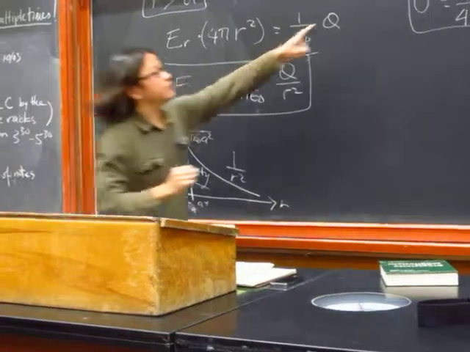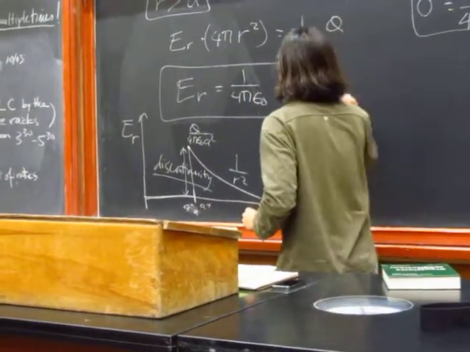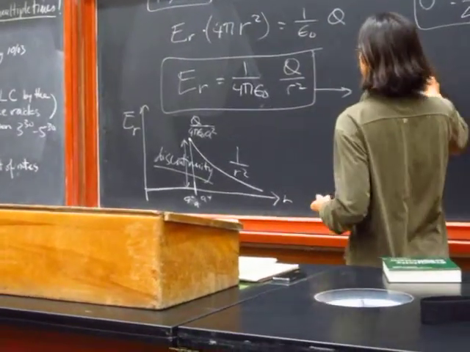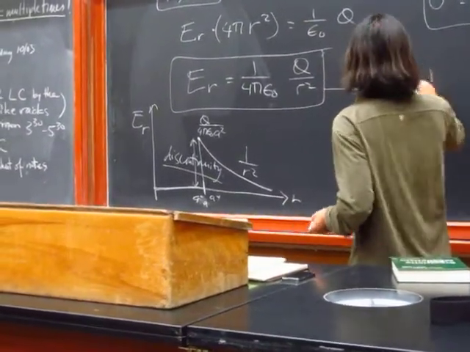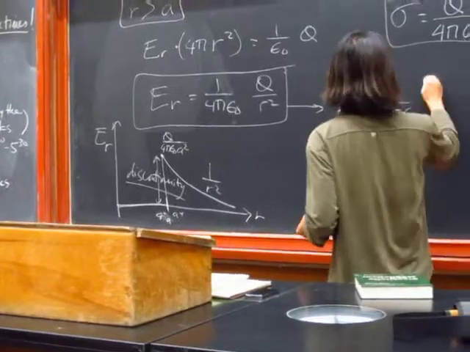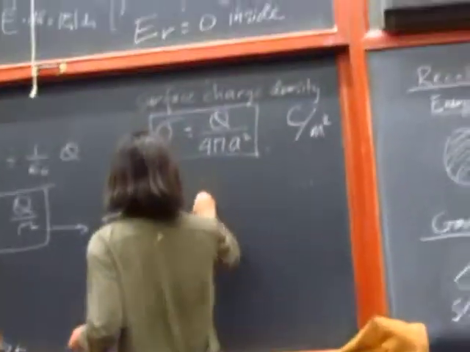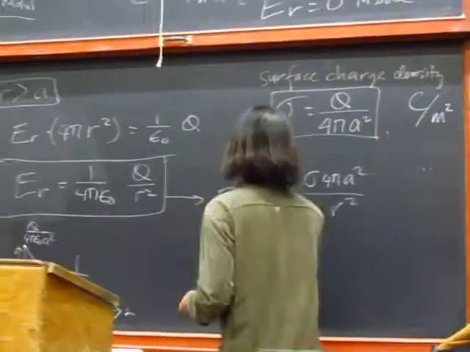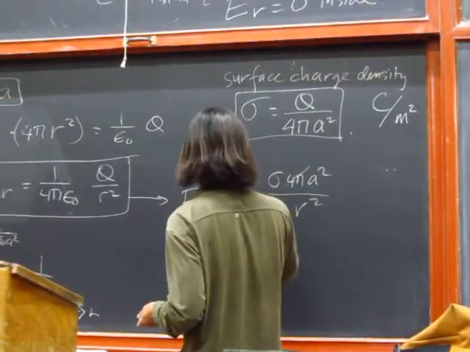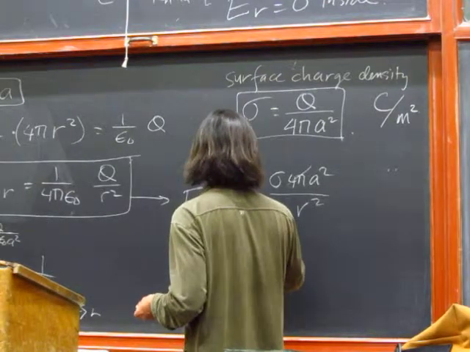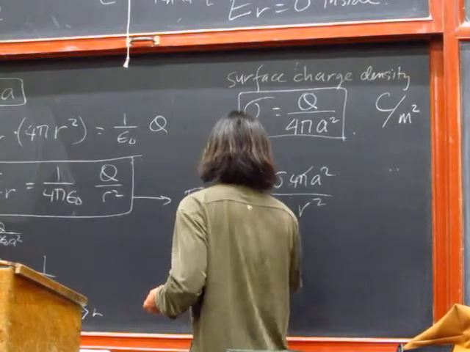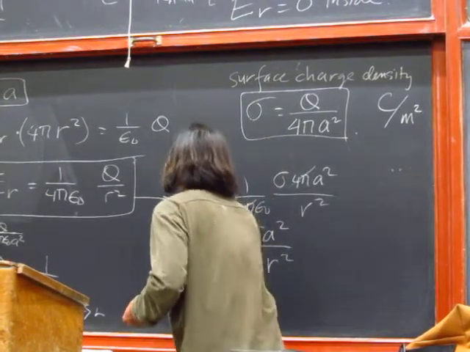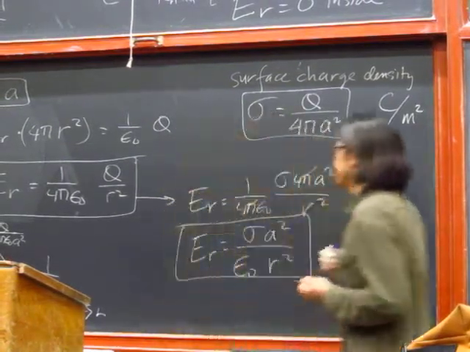So let's rewrite this in terms of the surface charge density. When you do the math, you get 1 over 4 pi epsilon naught, where Q is sigma times 4 pi a squared, over r squared. The 4 pi cancel. So you have sigma over epsilon naught times a squared over r squared.